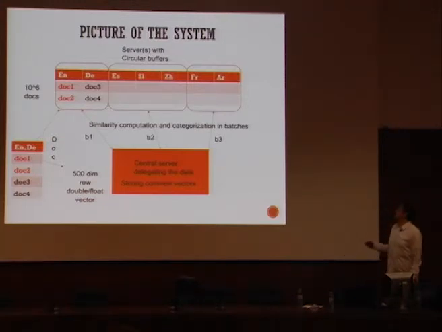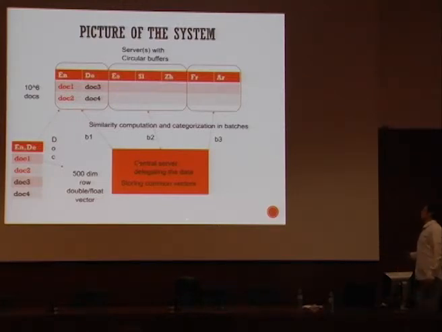And the process is like this. You get the job to assign to this server. This is usually just a batch of documents. This central server delegates the documents to the servers that have the appropriate languages available. For example, if we have Spanish documents, they will be assigned to this one.